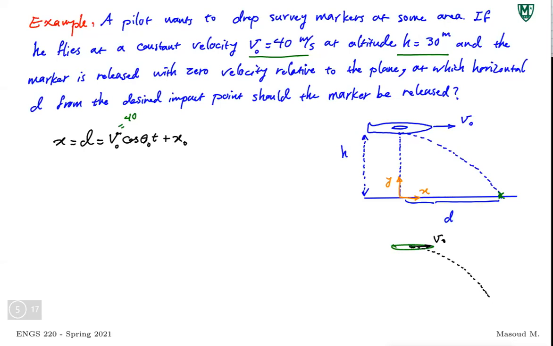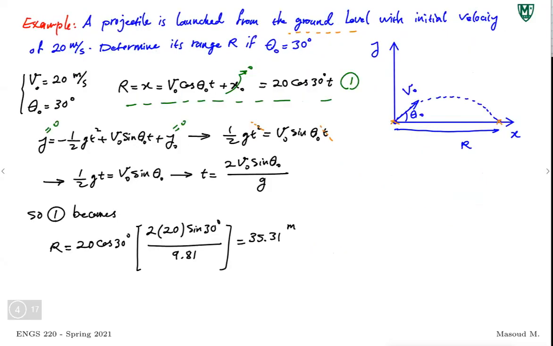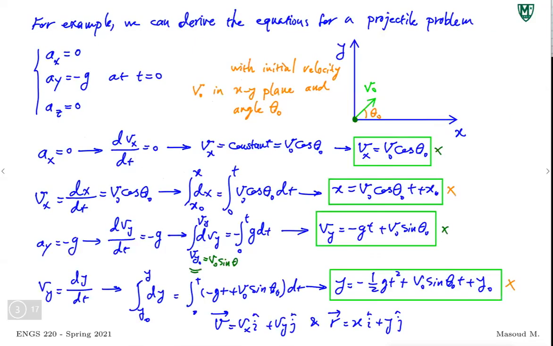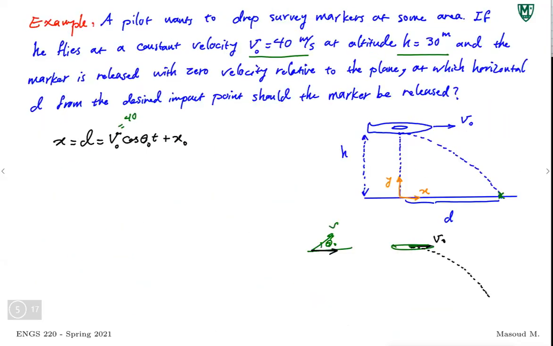This is v naught, and this is exactly where it's released. It's not going up. It's basically just going straight, v naught. So this theta naught that we define as the angle for v naught and the x-axis or horizontal line becomes 0.